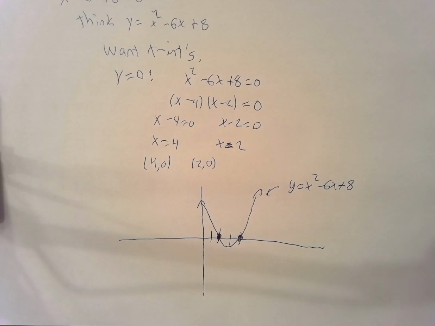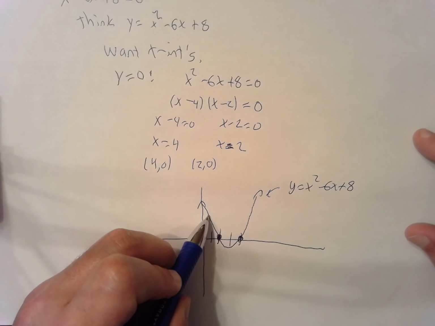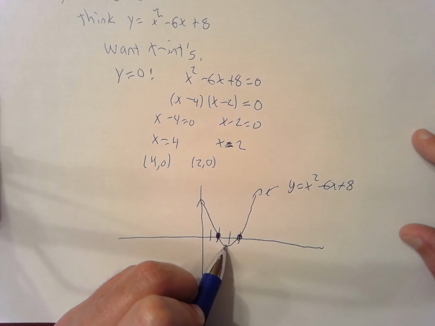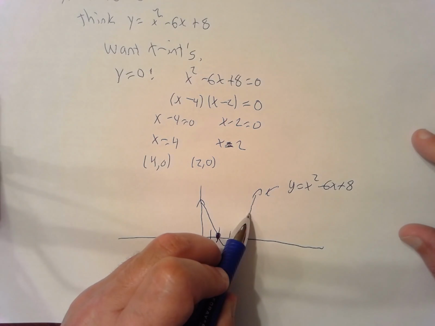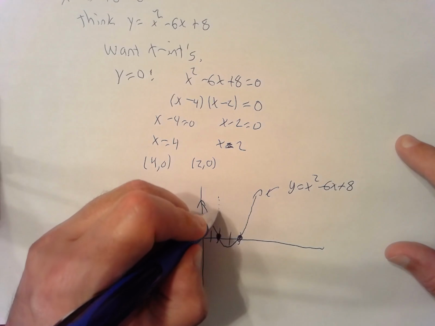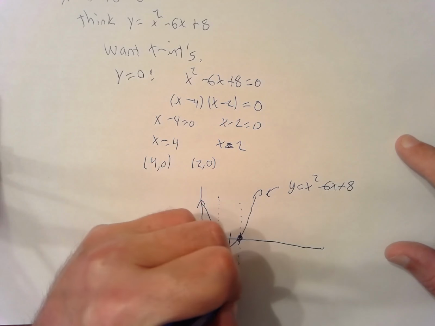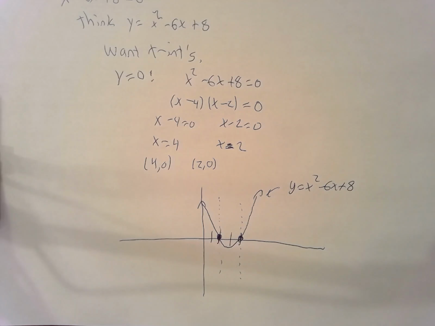Where are the y values positive? So at that y value right there, is that positive or negative? Oh, that's positive. What about this y value? That's a negative. What about over here? It's positive. See, these x-intercepts break my graph up into 3 separate pieces here.